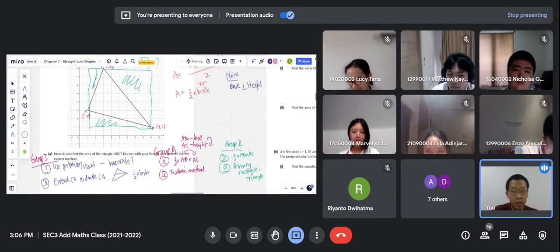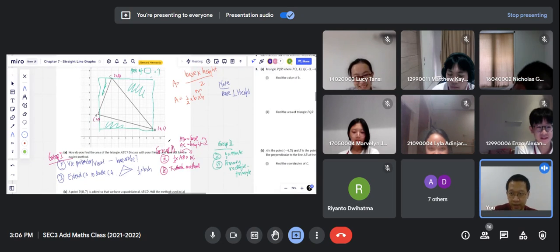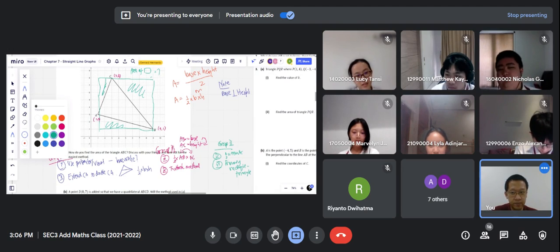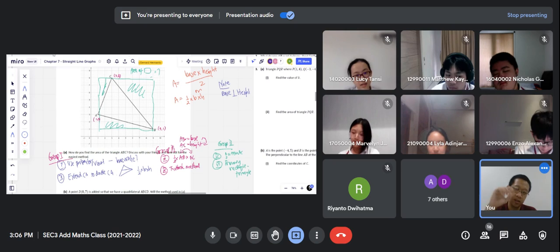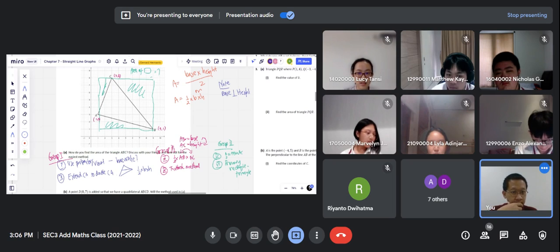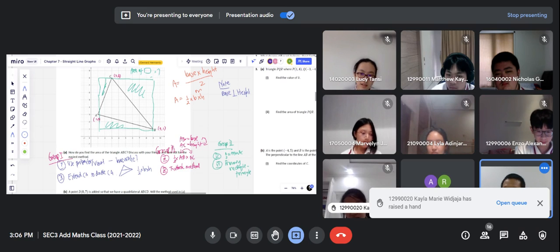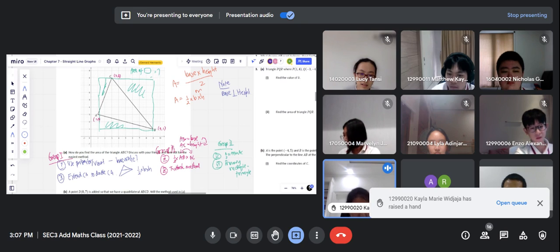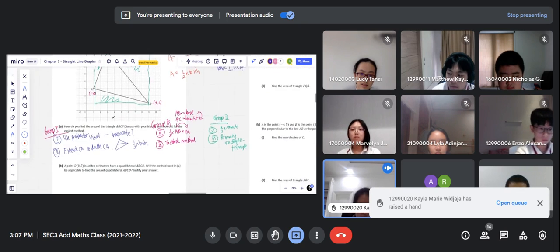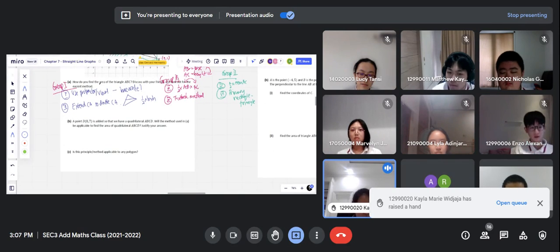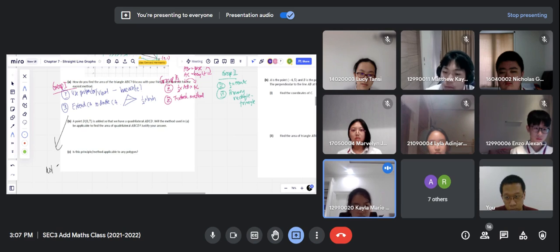Okay, so does anyone want to comment on anything from your discussion? Or probably anyone would want to say that method is actually interesting. Yes, Kayla. For the half times AB times AC method, I'm not sure about that method because the formula only applies if the base and height are perpendicular to each other.